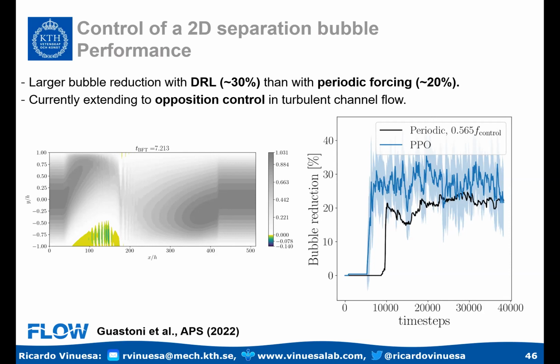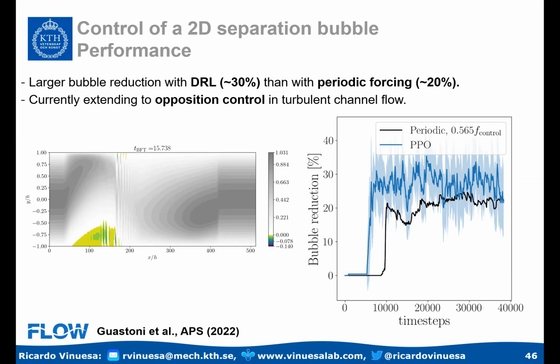So the DRL is finding a more nuanced control, something a bit more advanced than periodic forcing. If you compare the performance, DRL achieves approximately 30% reduction of the bubble, and the periodic forcing only 20%. So in principle, comparing with a classical solution, the reinforcement learning gives me better performance in this simple flow case.